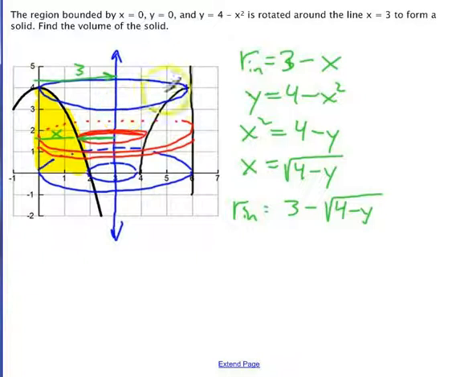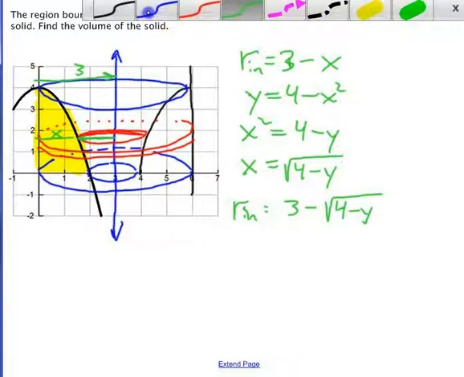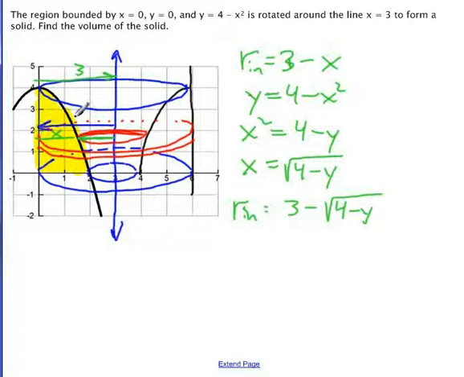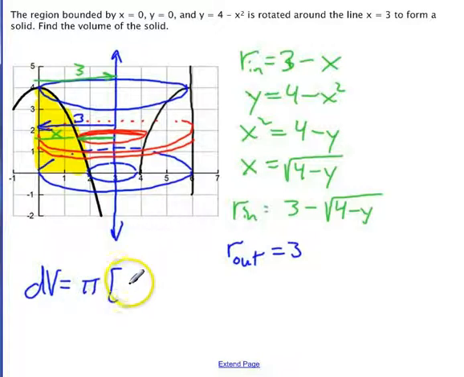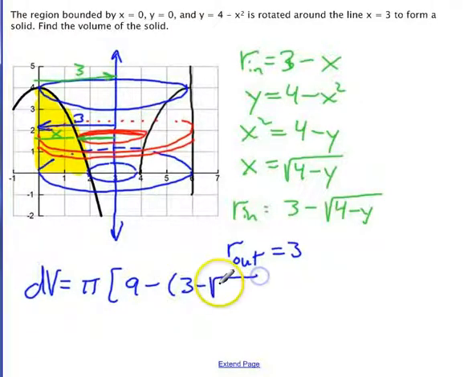My outside radius is going to go from the axis of rotation all the way out to the edge of my solid, which is going to be a constant of 3. Okay, ready to get the volume of the washer? The volume of the washer is going to be pi times r out squared, which is 9, minus r in squared, which is 3 minus the square root of 4 minus y quantity squared dy.